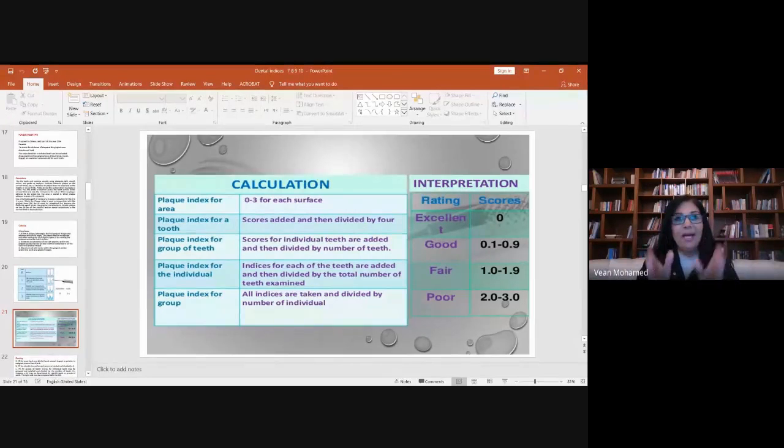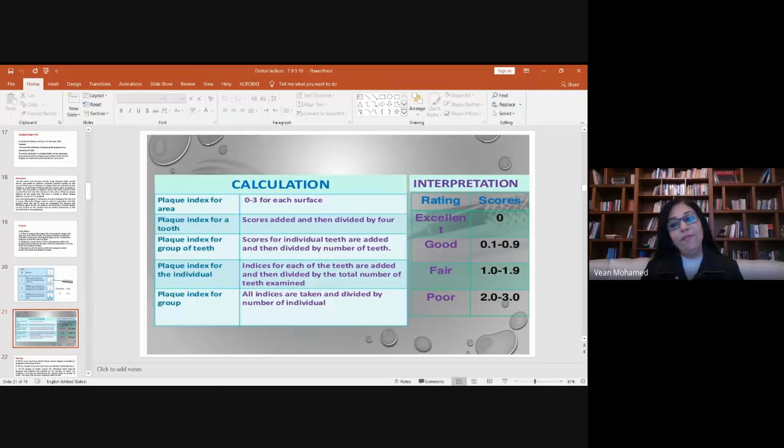Add and divide by the number present. Do you understand? Yes, doctor. Okay. Just total the numbers and divide by the surfaces examined. Total the numbers and divide by the teeth examined. Total the numbers and divide by the number of individuals. It's a very simple calculation.